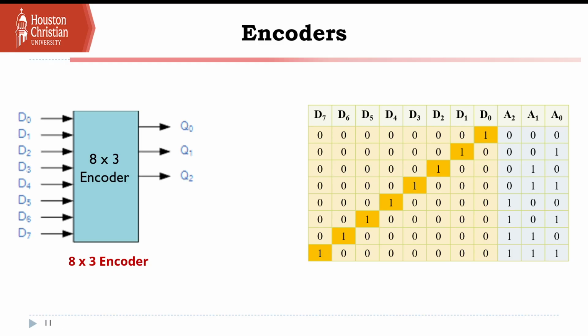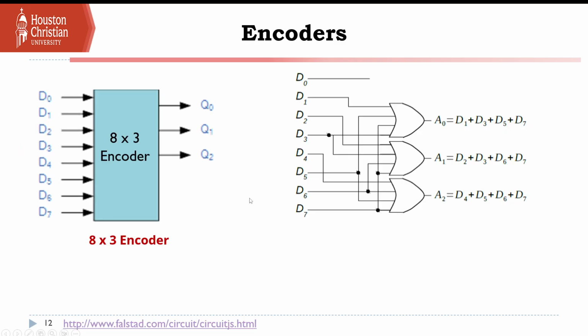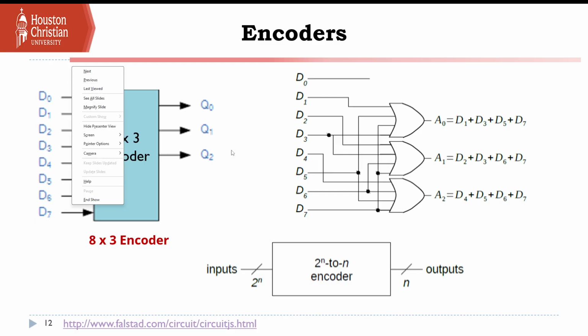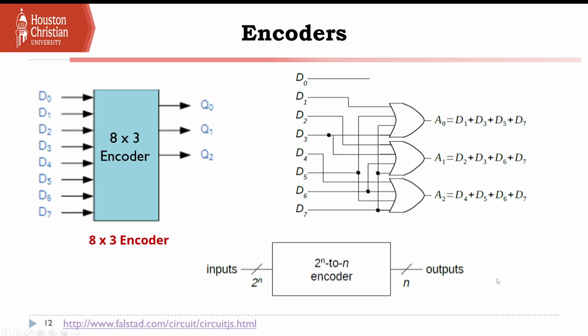So as with a 4 by 2, you have an 8 by 3, the same exact way. In an encoder you have 2 to the n inputs and n outputs. So if you have 64 inputs, then you have 6 outputs.